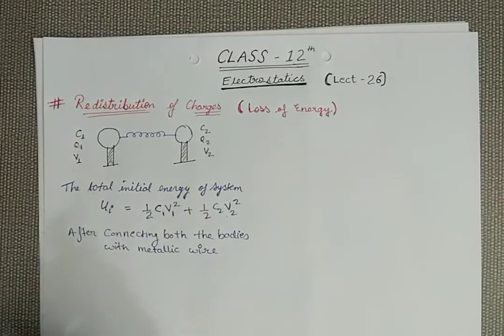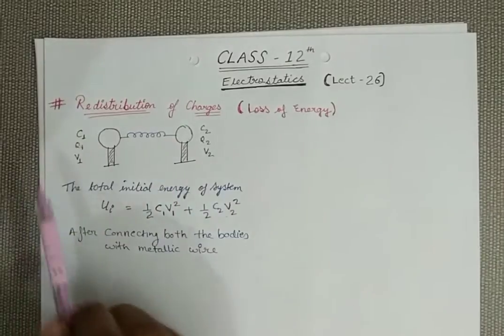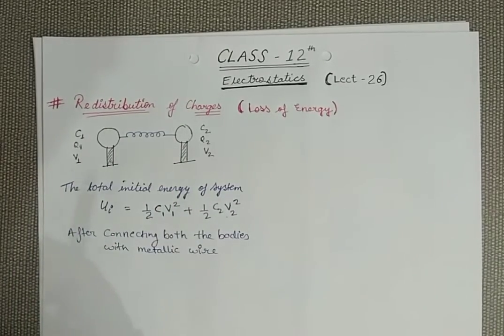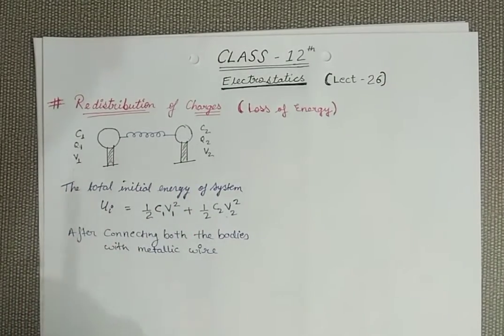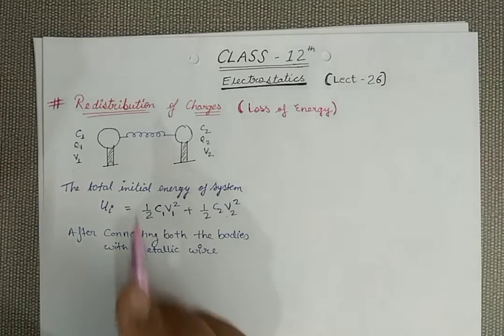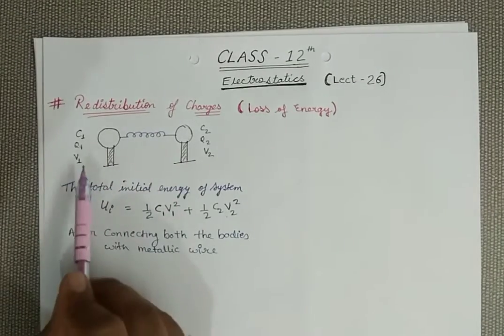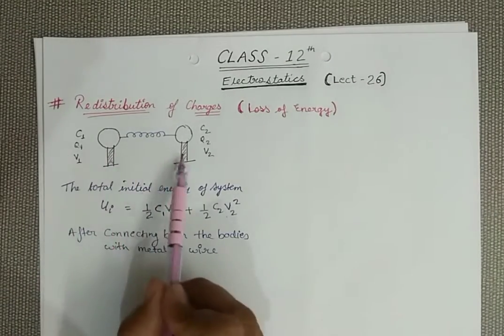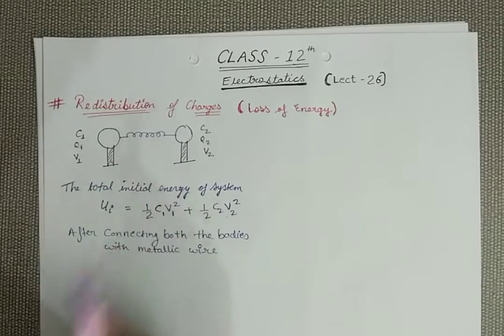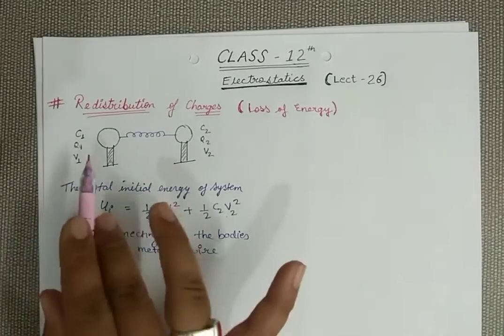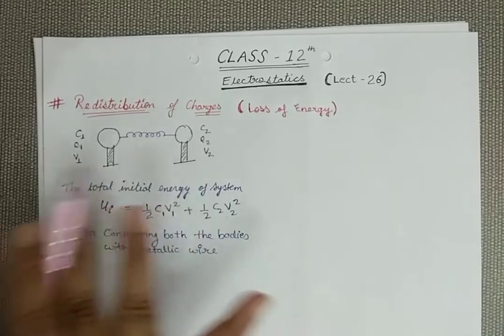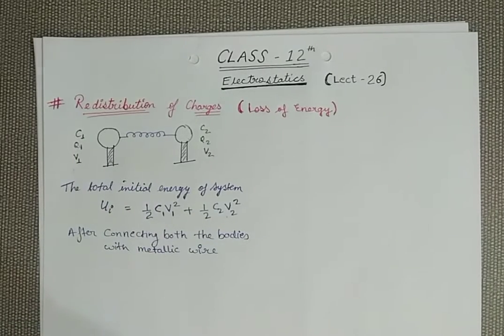Just after connecting these two bodies, the charges will transfer from one body to another until the potential of both the bodies becomes common. Just try to remember, I have told you that charge always flows from high potential body to low potential body. These two bodies are at different potentials V1 and V2, so when I connect them, there will be a flow of charge. It will continue to flow until both bodies gain the same potential.